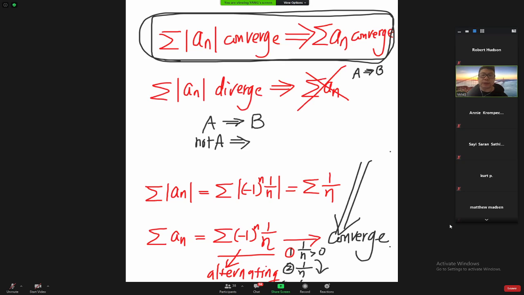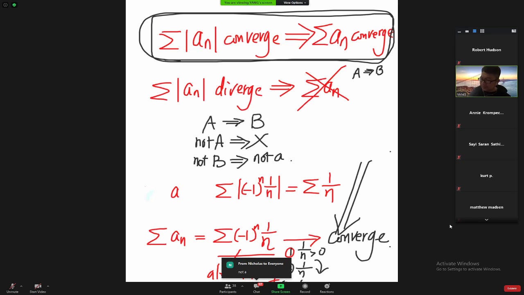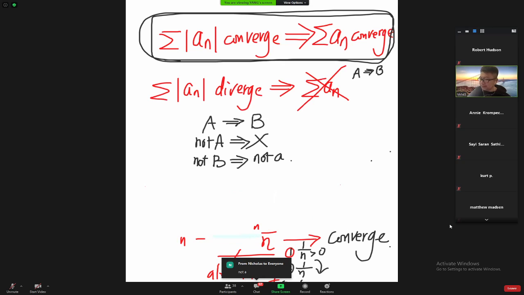If A goes to B, not A goes to where? No idea. But not B goes to where? Not A, right? Good. It's very basic logic. See, we apply this logic to the stuff.